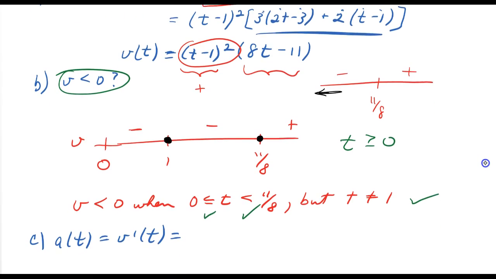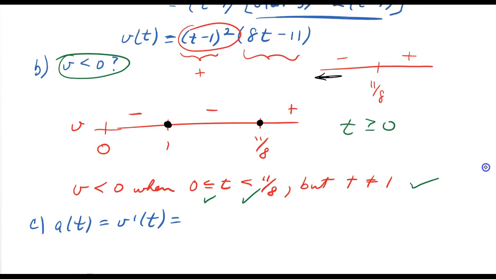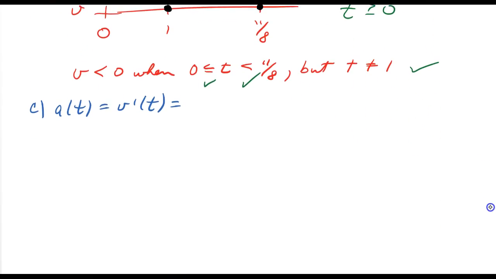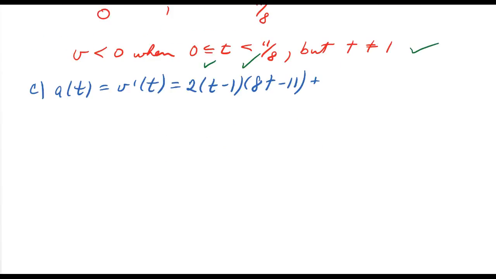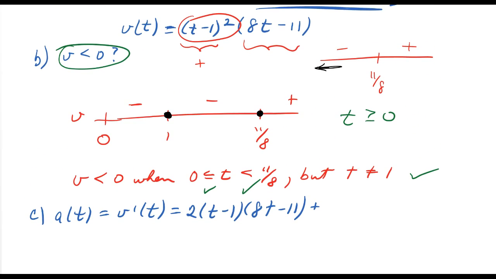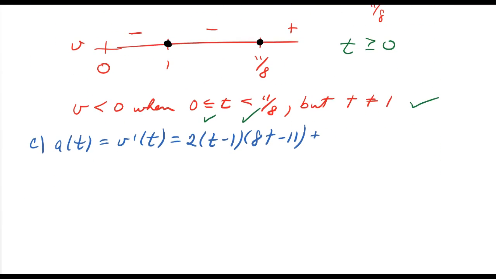We're going to need a 2 times t minus 1 times 8t minus 11. And then we're going to add to that 8 times t minus 1 squared.